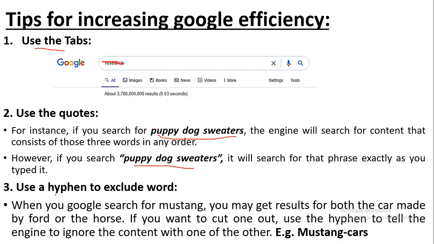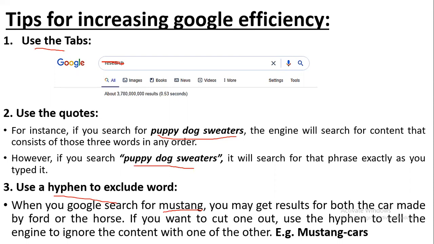Then you can use a hyphen to exclude words. Suppose Mustang is a car made by the Ford company. It's also a horse. So if you type Mustang on Google, it will give you results for both horse and car.